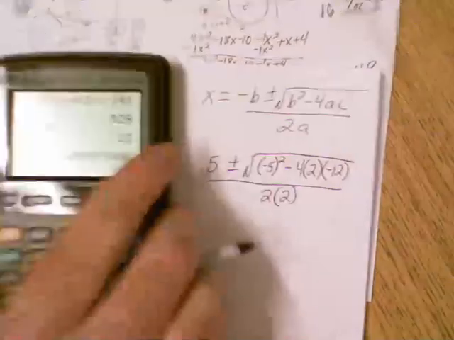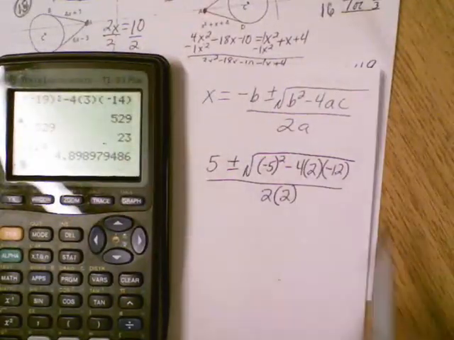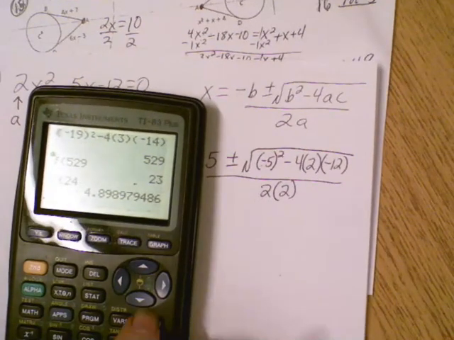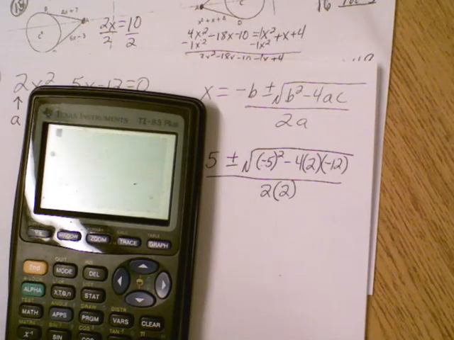So we have all that. I'm going to grab my calculator. I'm going to do all of this underneath the radical. So I punch it in: parentheses, negative 5, close the parentheses, squared, minus 4, parentheses, 2, close the parentheses, open up a new one, negative 12, close the parentheses, hit equals, and I end up with 121.